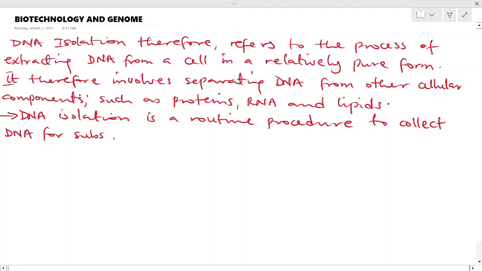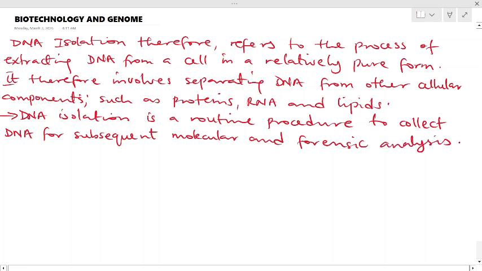We first need to isolate it for subsequent molecular and forensic analysis. Going forward in this lecture, we want to look at how the DNA can be isolated. How is it done? We want to continue by looking at the steps involved in DNA isolation.